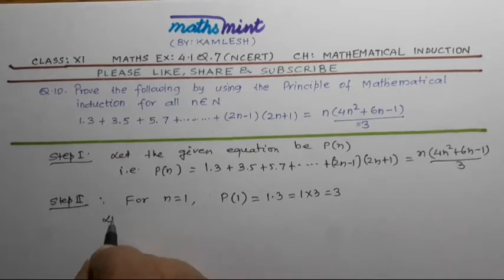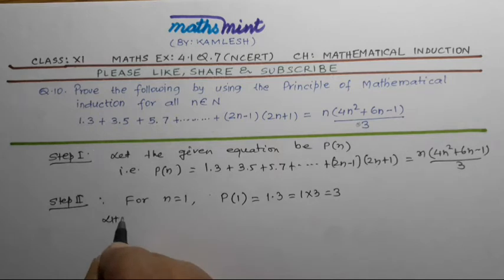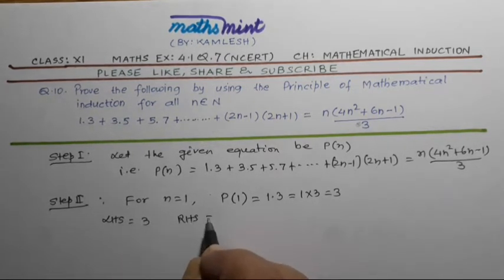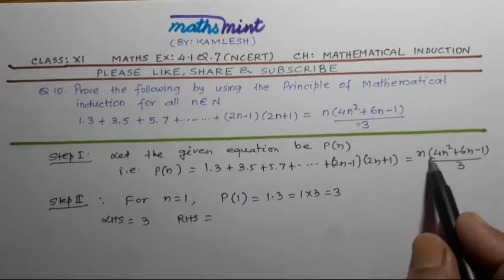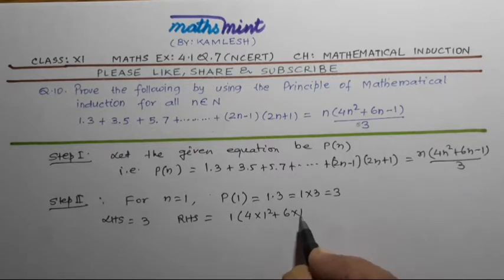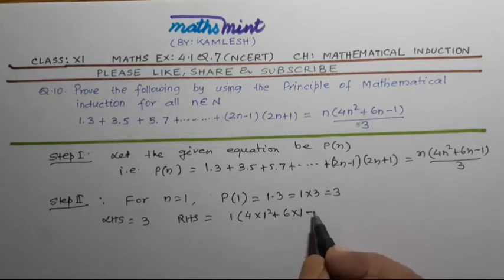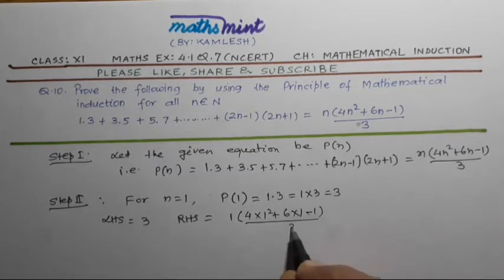So LHS, this one 1.3, LHS will be 3 and RHS will be this one. n means 1, 4 into 1 square plus 6 into 1. At the place of n we are writing 1, minus 1 by 3.